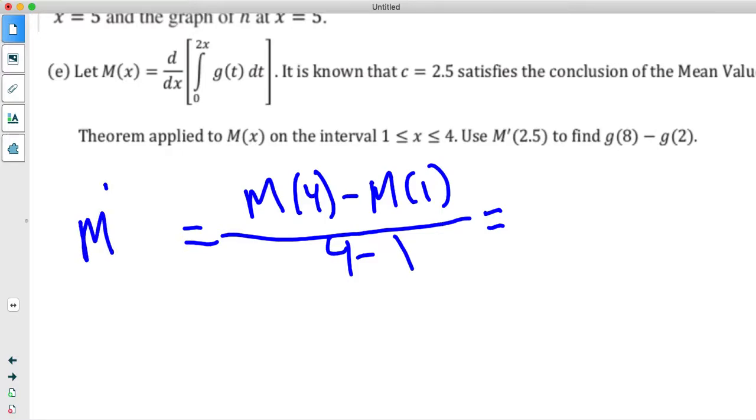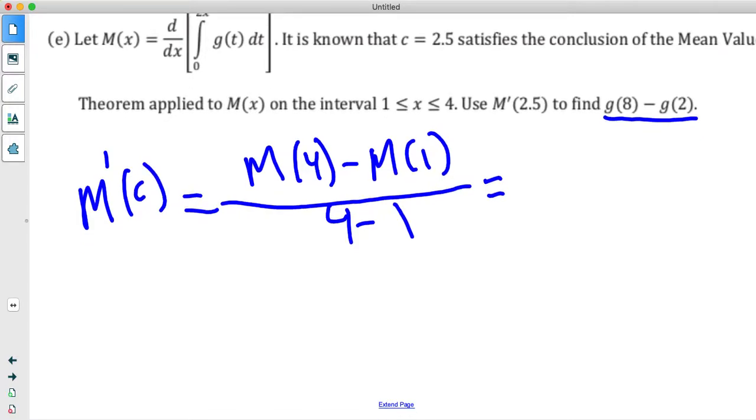So this was m prime of c using the mean value theorem. This is what we do. I had it started off right, but what I forgot was incorporating, and this is where I messed up, I was looking for numbers for these, and that's not what we needed to do. So this is where I was missing that extra piece. This is where I'll pick it up here, and I'll finish this one off.